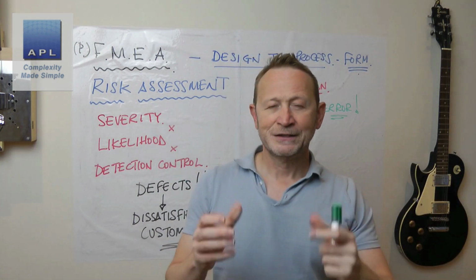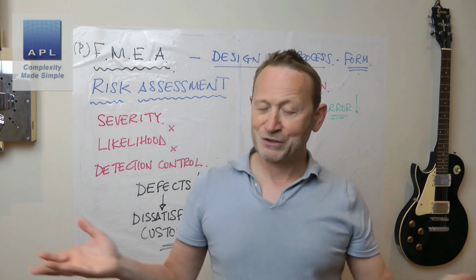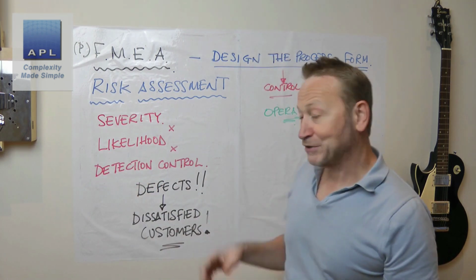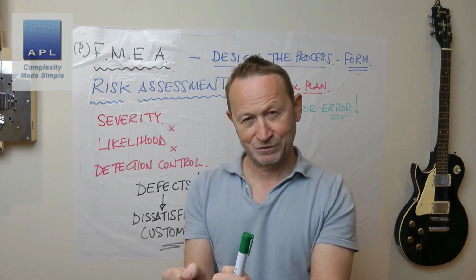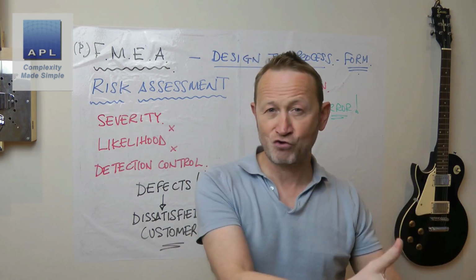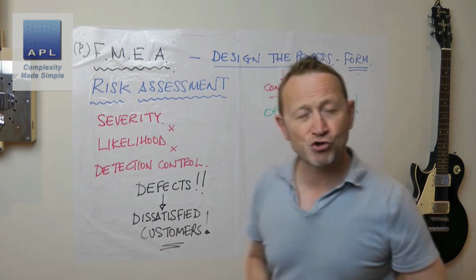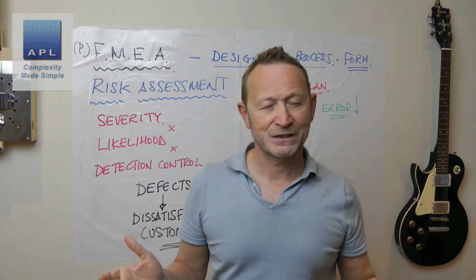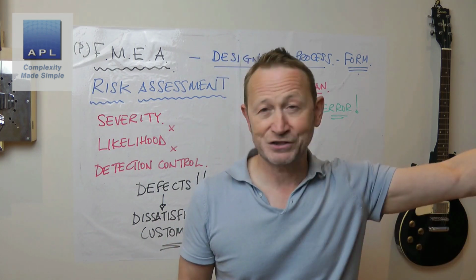Operator error. Now then, why do I want you to avoid the phrase operator error? Not because operators don't make mistakes, but typically if you write operator error down, the solution, the control, is very weak, because what we tend to say is we'll train that person. That doesn't fix the problem. That person could be trained and they could take the day off.